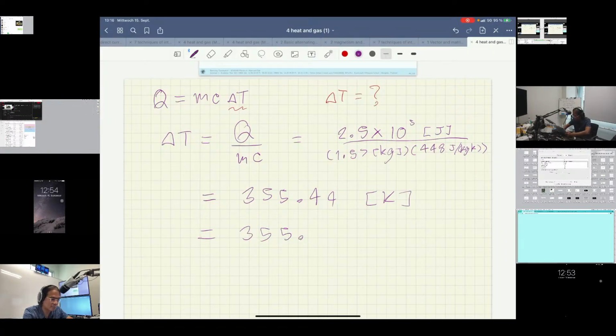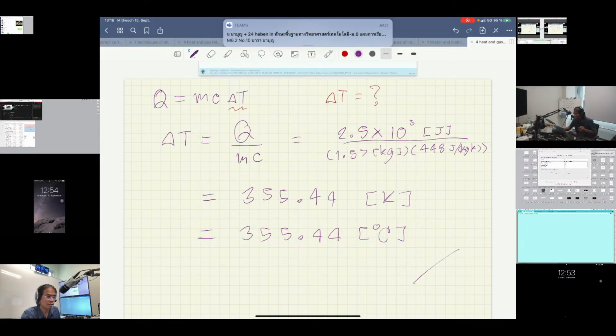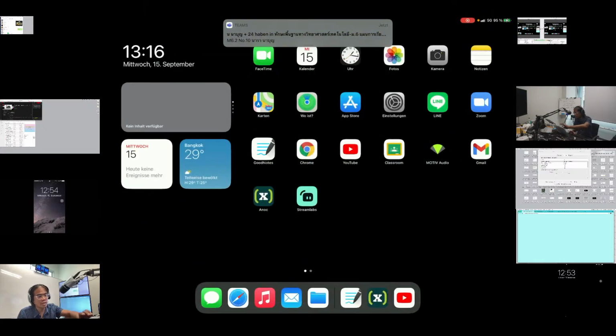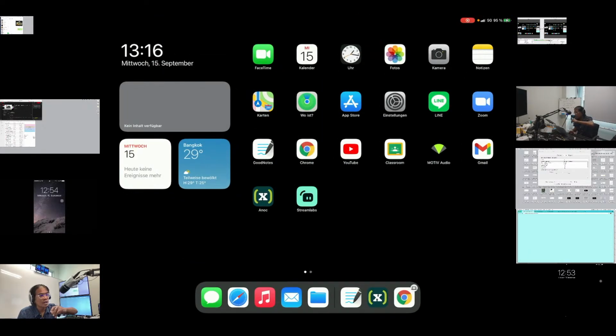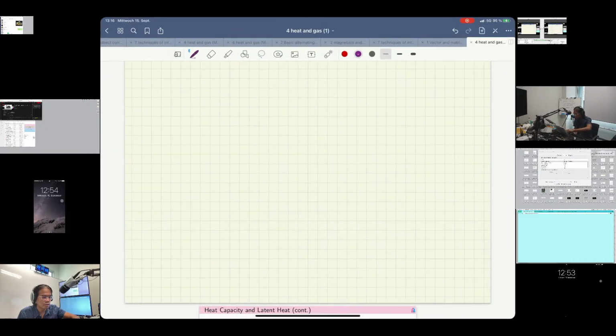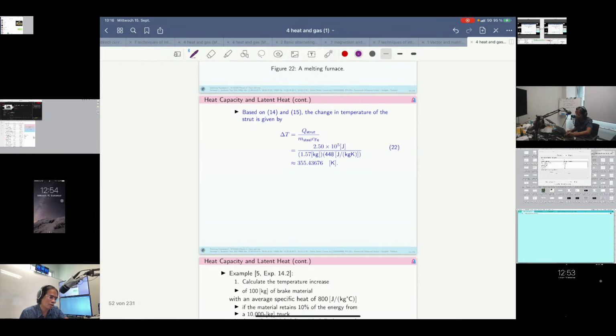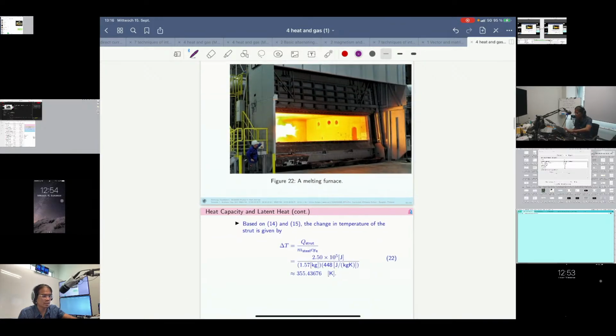A more understandable unit for most people is going to be degrees Celsius, so both are correct, I think. Let's check the lecture note: 0.43676. It's quite correct.